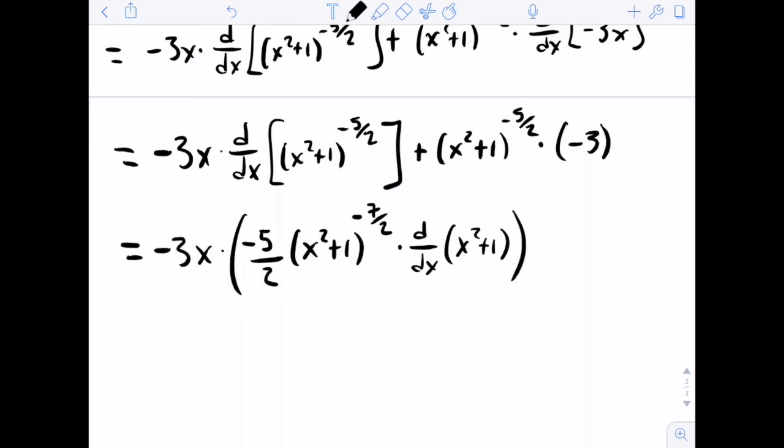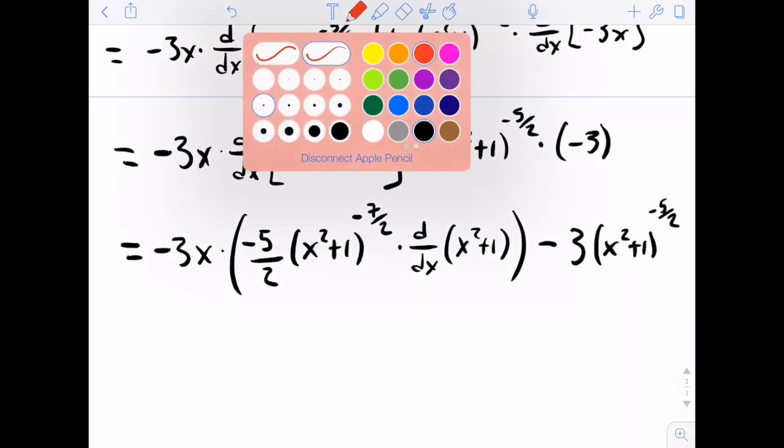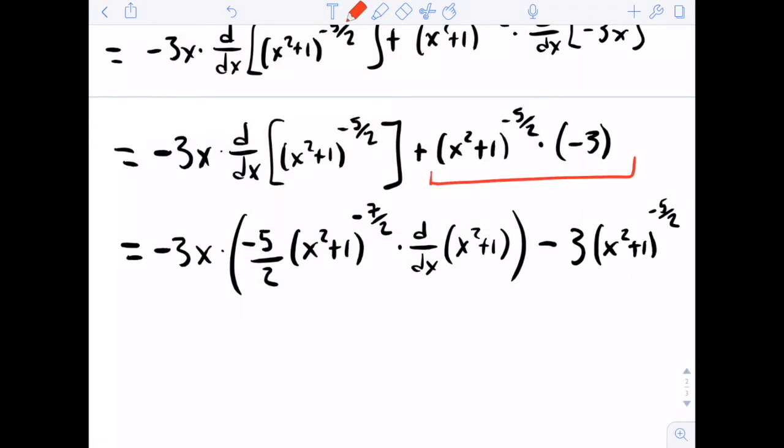And then we just have this bit left over from the right-hand side here. So we've got just negative 3 x squared plus 1 to the power of negative 5 over 2 from this stuff right here. I just brought the negative 3 out front. Okay, so we have that.